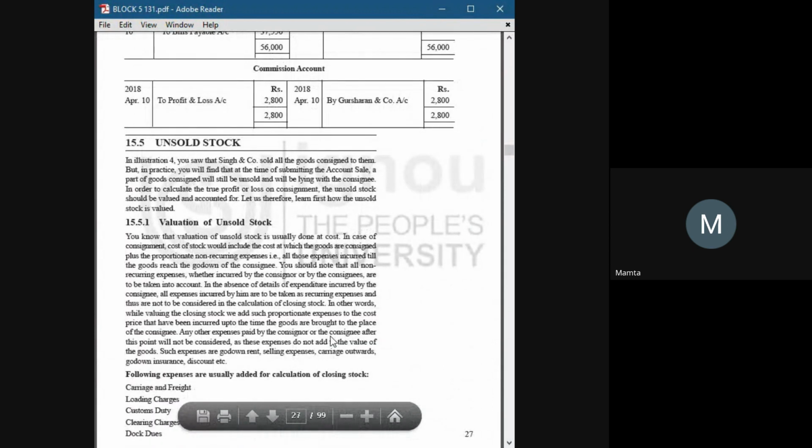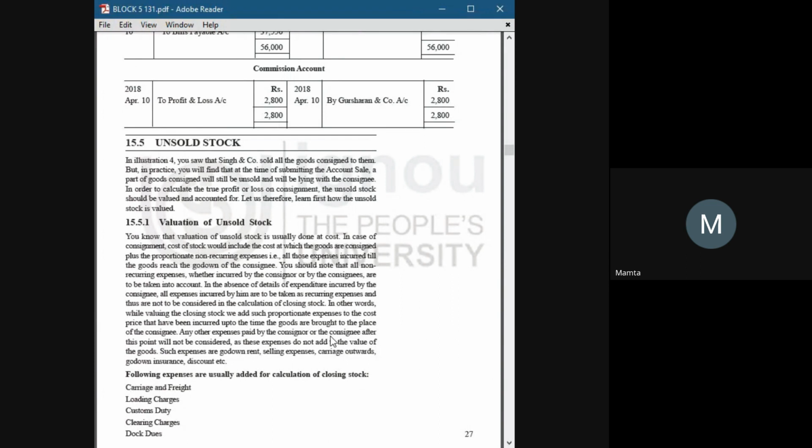Now, unsold stocks. Whenever we get a consignment, suppose we have got 2000 units of goods on consignment, and out of that only 1500 goods were sold by the consignee.